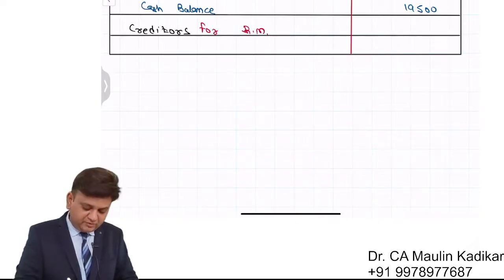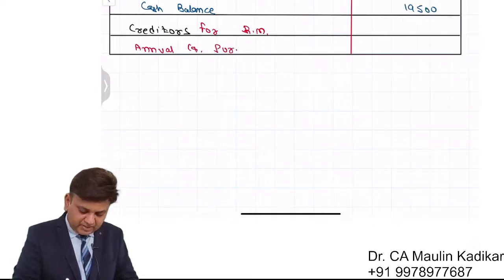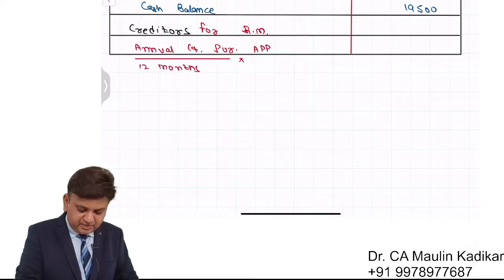For that, the formula would be annual credit purchases divided by 12 months into average payment period.